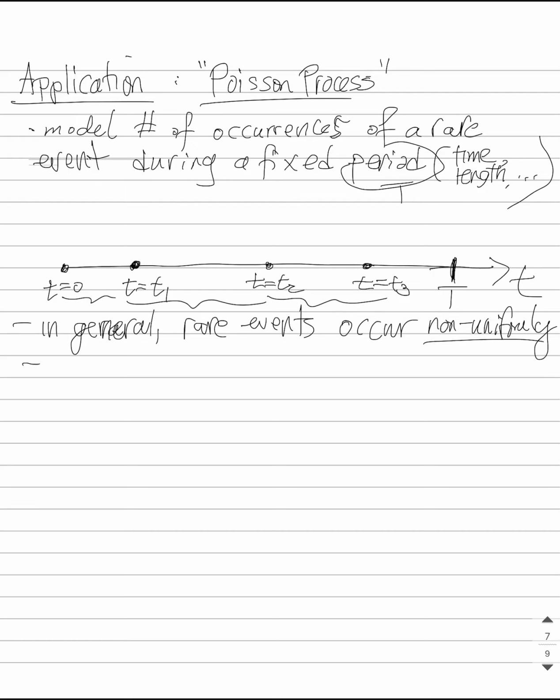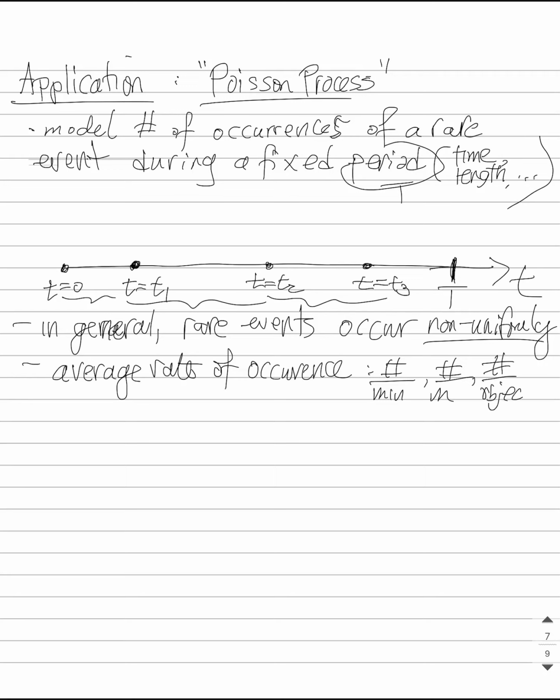Okay? You are typically given an average rate of occurrence. So it could be the number of events per minute, or the number of events per meter, or the number of events per object, whatever it is.